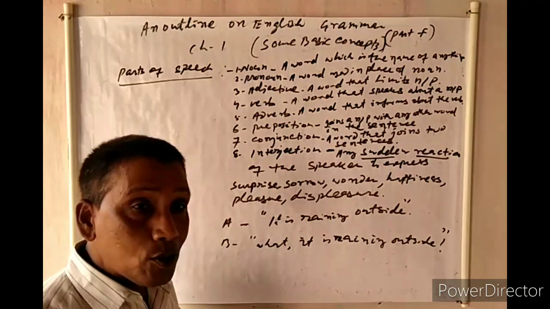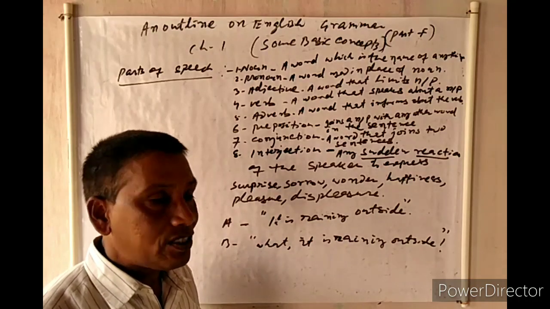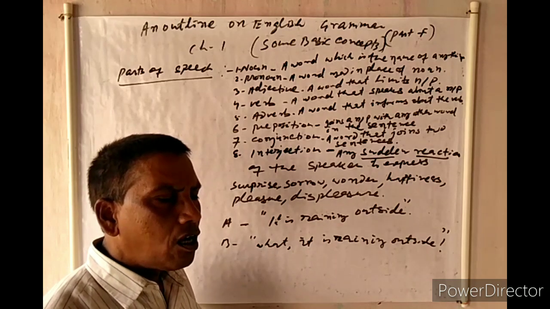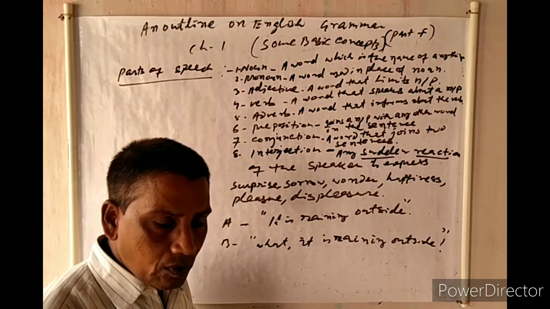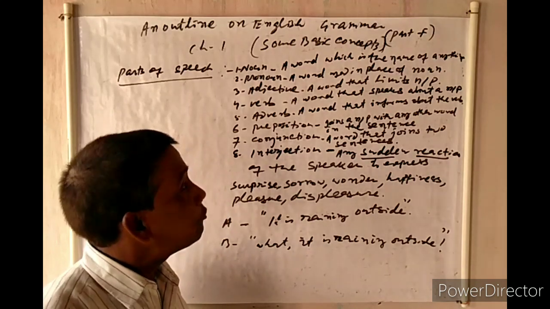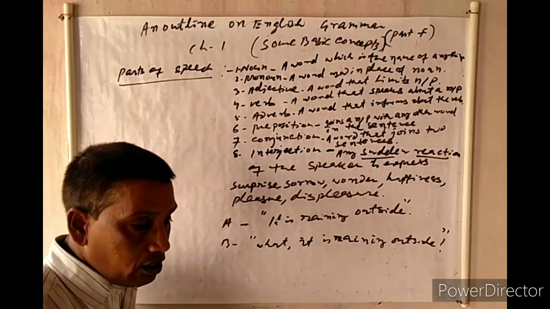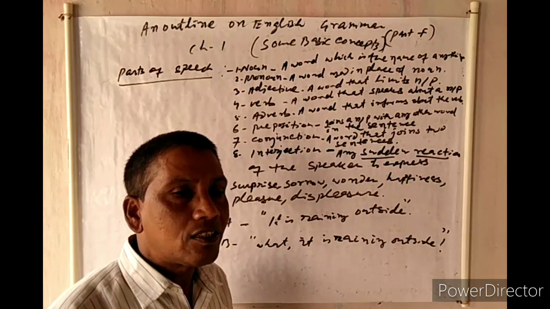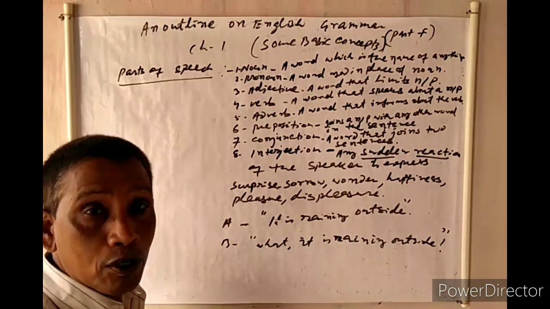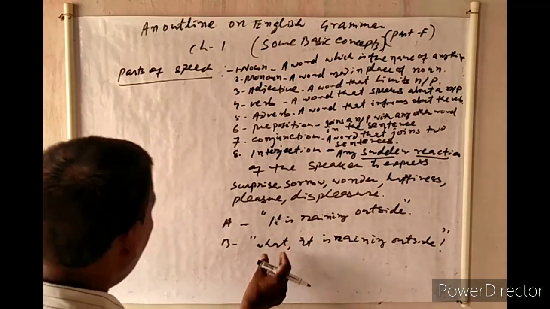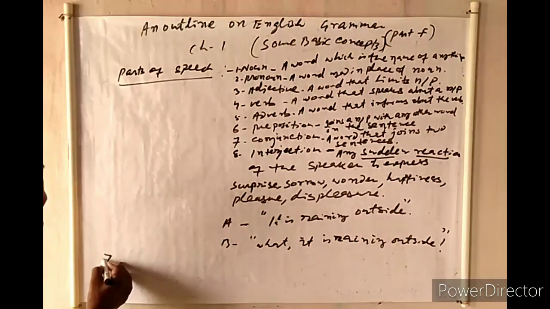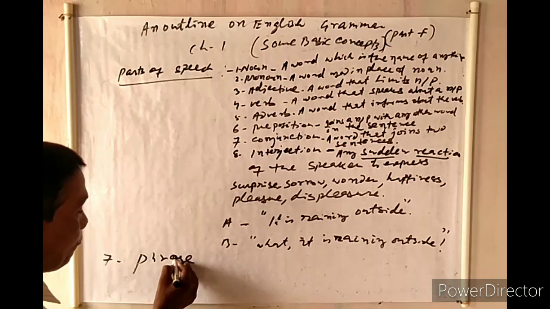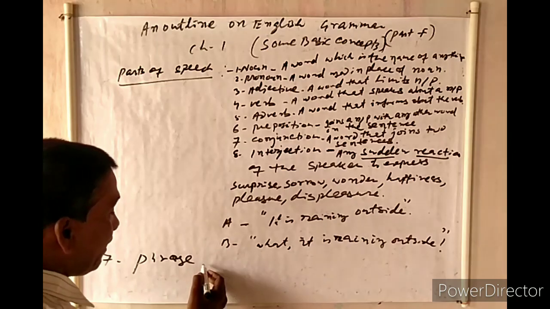Our study so far covered these points. The first point was language. The second point was sentence. The third point was technical meaning. The fourth point was types of sentence, and the fifth point was an analysis of the types of sentence. The sixth was parts of speech. The seventh point will be phrase.